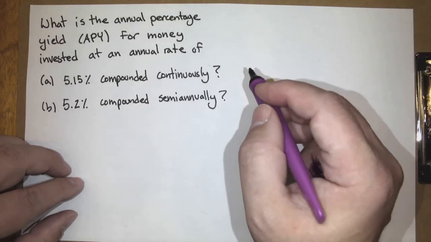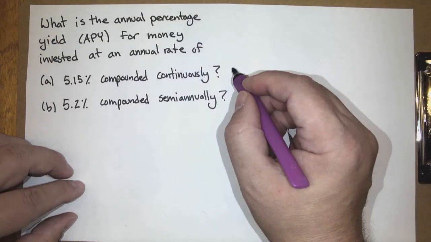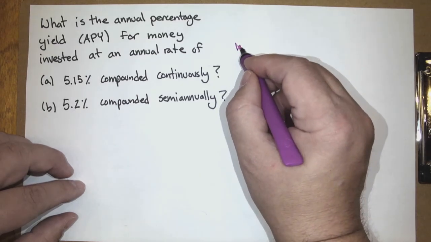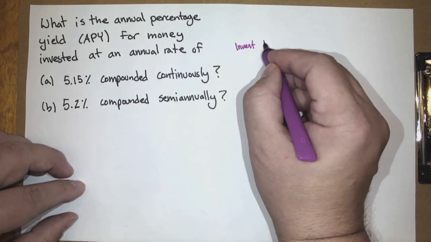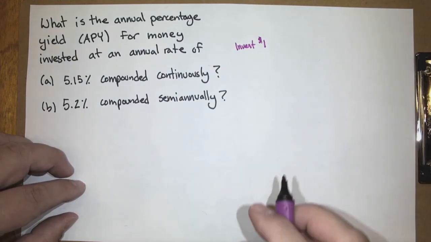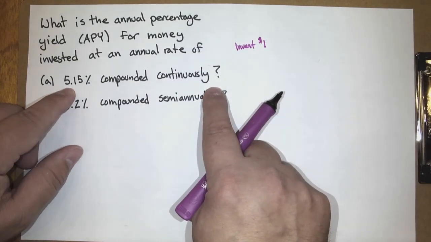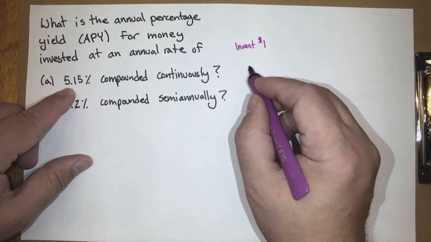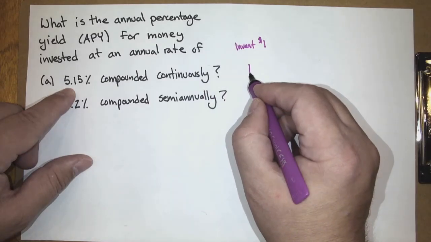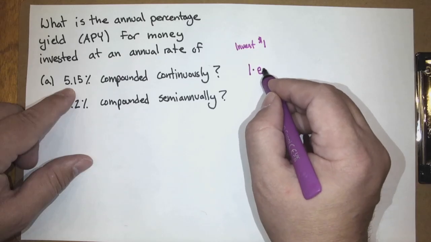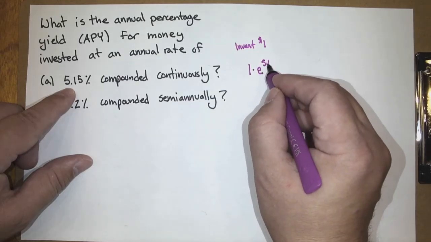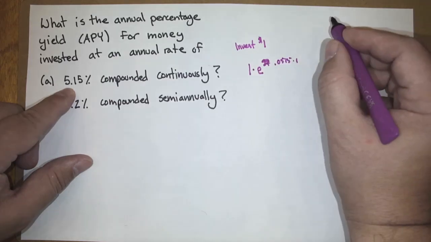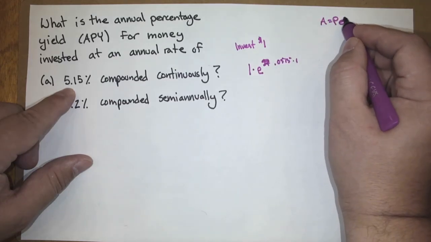One thing you can do, if you aren't great at memorizing formulas, is just think, okay, what if I invest $1? If I invested $1 compounded continuously, how much would I have at the end of the year? I have 1 times e to the 0.0515 times 1, right? So you have your A equals P e to the rt.